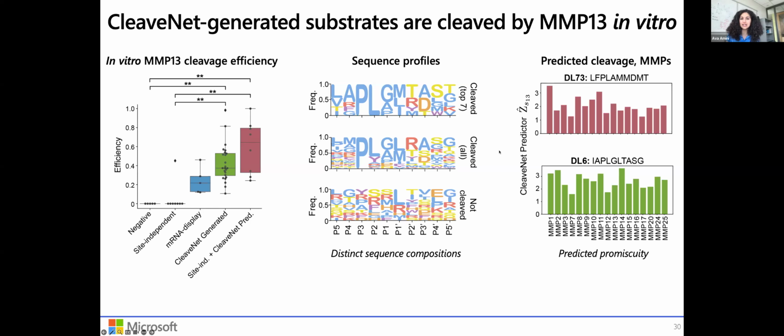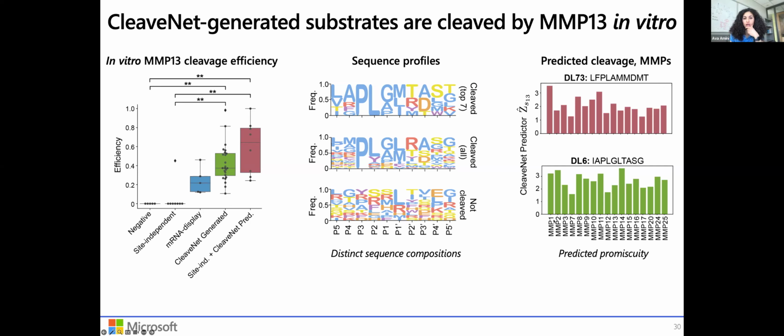And so here we did an analysis where we leveraged the predictor model to in silico score these same efficient substrates that were cleaved well by MMP13 in vitro for their likely cleavage by other MMPs in silico.